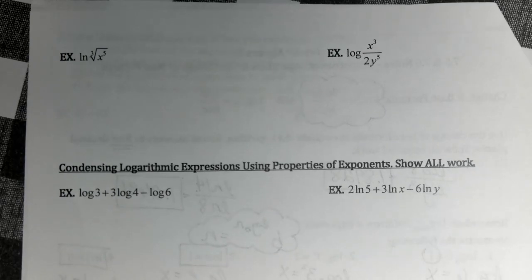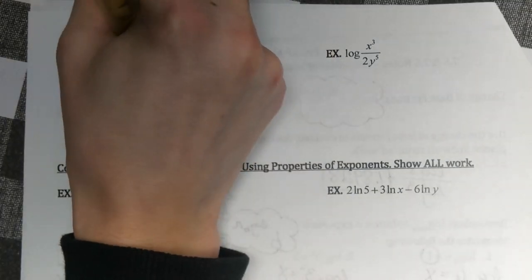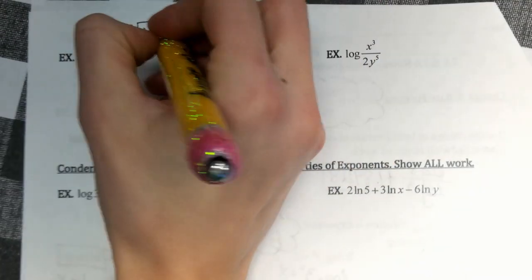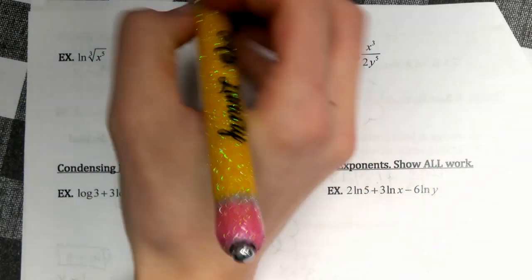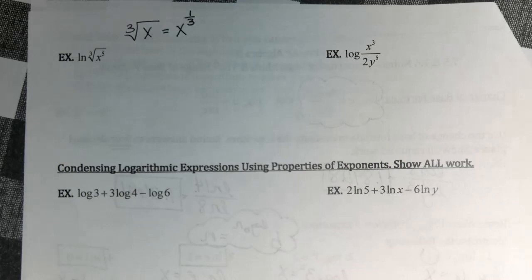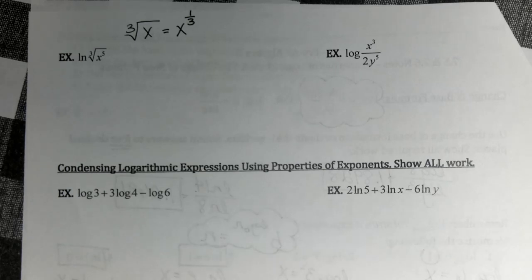Okay, so now I have the natural log of the cube root of x to the fifth. Okay, remember that the cube root of x is the same as x to what power? The 1/3, right? So the square root of x is x to the 1/2. The fifth root of x is x to the 1/5.